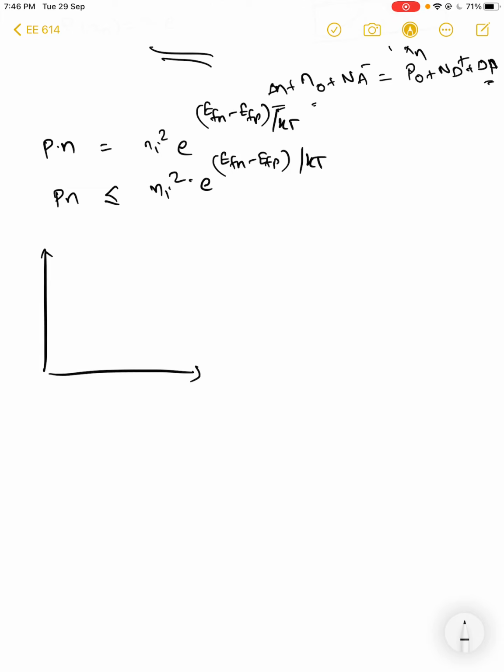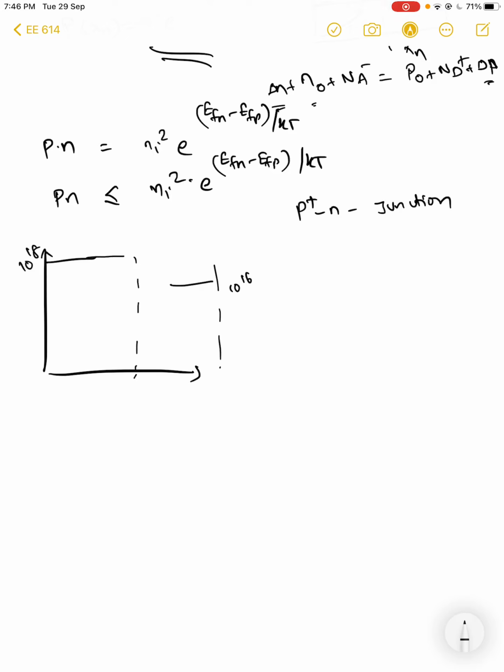Let us assume the case of a slightly asymmetric junction where you have a P plus N junction, right? So we have very heavily doped P and a moderately doped N. Let us take a P doping density of about 10 power 18, and an N doping density of about 10 power 16. So this is a P plus N diode, and I have a junction between the two here, right?